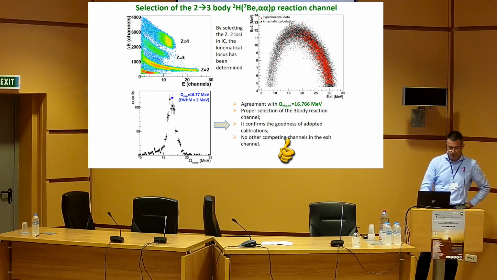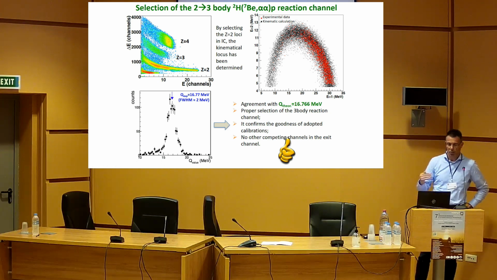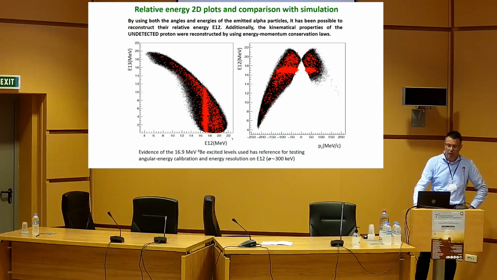And just some examples about the particle identification, the reconstruction of the Q value, and the comparison between the simulation and the experimental data, just to give you an idea that we were able to reproduce, or at least magnify, the effects related to the quasi-free mechanism, and that everything was in the energy range where we were expecting.